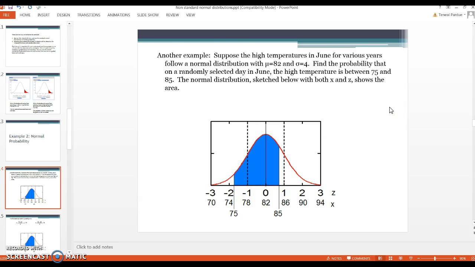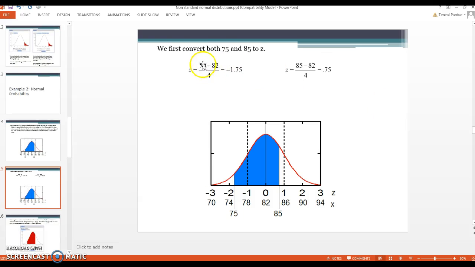The first thing we're going to do is take 75 and 85 and convert both of them to z. So we're going to subtract the mean, which is 82 on both of them, and divide by the standard deviation, which is 4. So you can see that an x between 75 and 85 is equivalent to finding the z between negative 1.75 and 0.75.